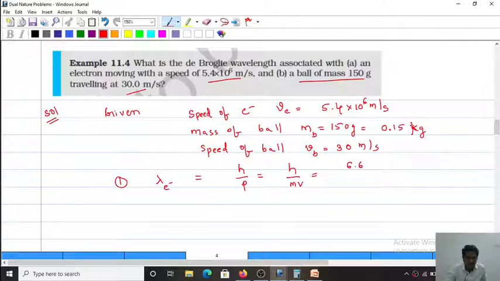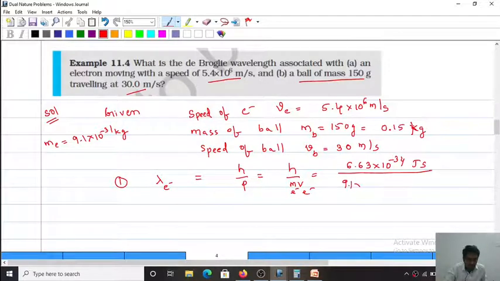Planck's constant 6.63 × 10^-34 joule second, divided by the mass of the electron and the speed of the electron. The mass of the electron is not given, but we know it as 9.1 × 10^-31 kg, and the velocity of the electron is given as 5.4 × 10^6 meter per second.